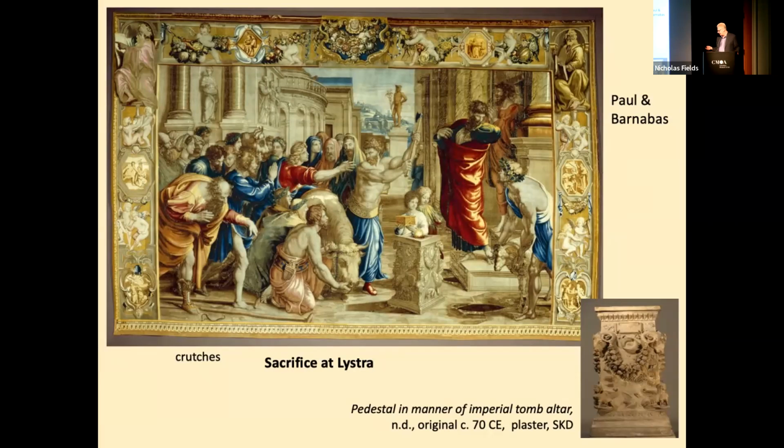So here's another representation of Paul and a fellow apostle Barnabas, and they're at Lystra, a city in Turkey. And Paul is visibly distressed because he performed a miracle, the healing of a lame man. The crutches are on the ground. And it was assumed by these pagans in Lystra, these non-Christians, that he and Barnabas must be gods, must be ancient gods.